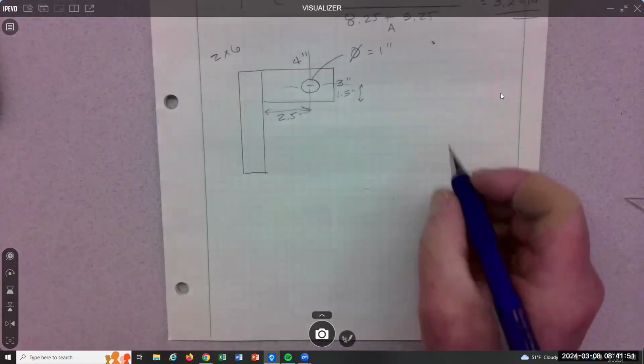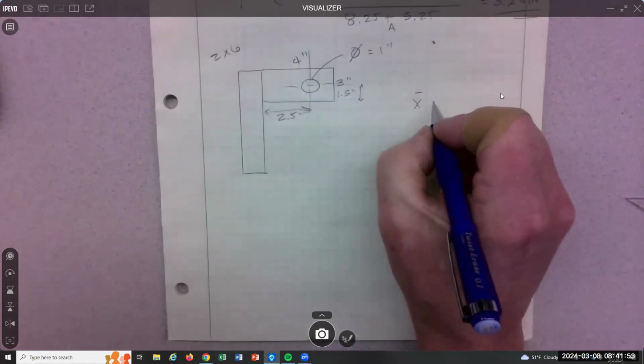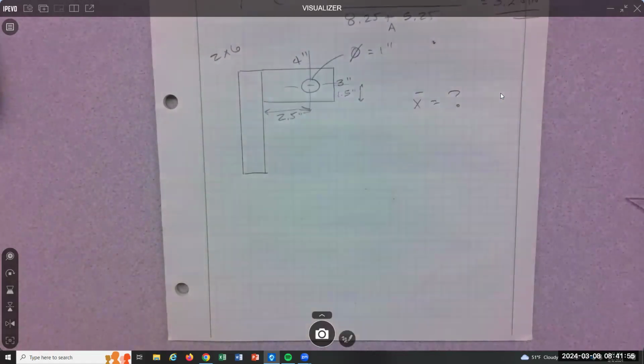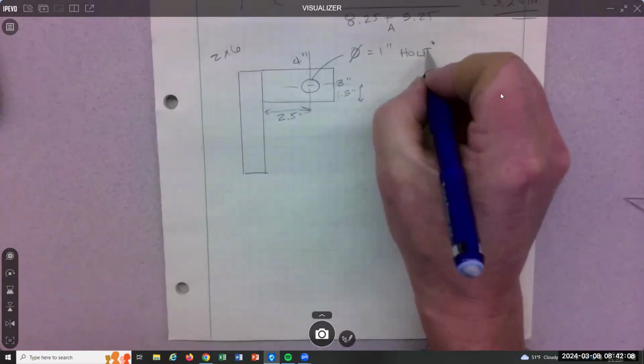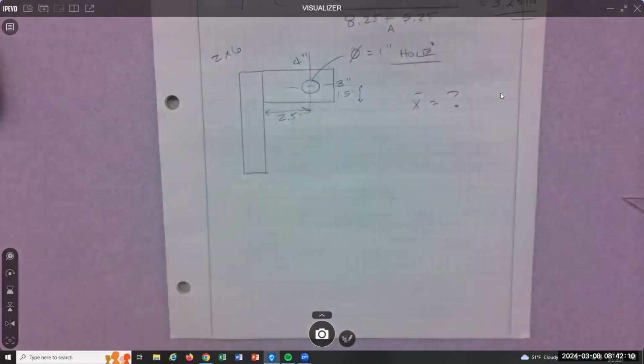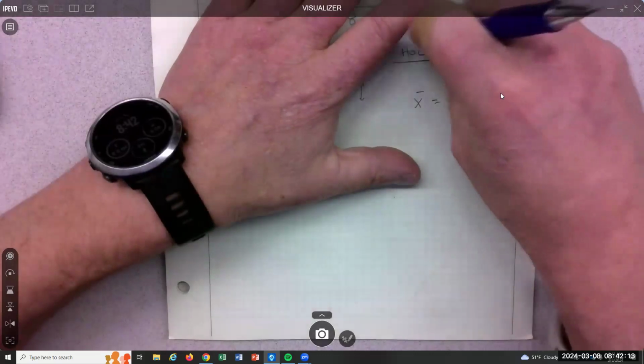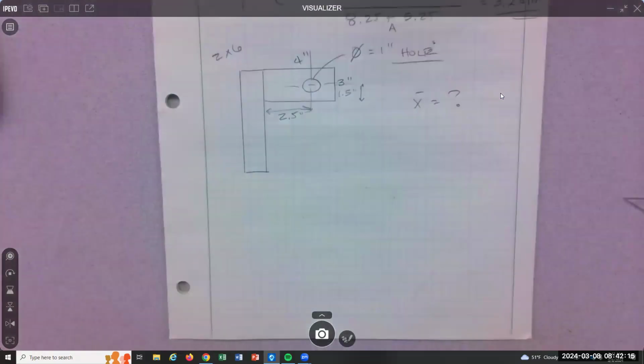And let's just find X bar. So we're looking for that y-axis. Where is it? This is a hole. How do we deal with holes? We add them or subtract them?